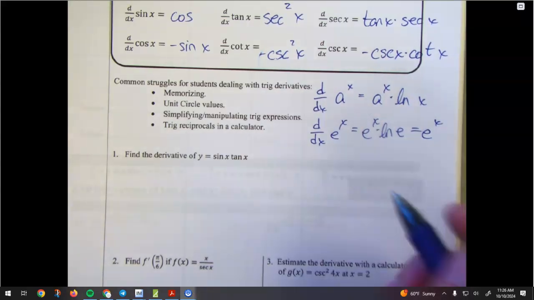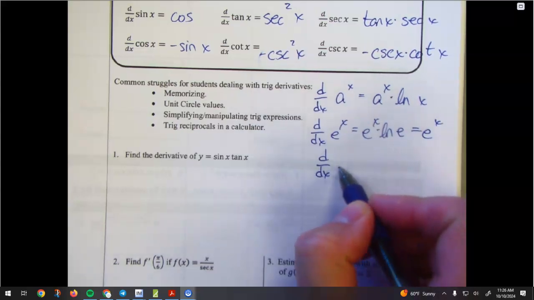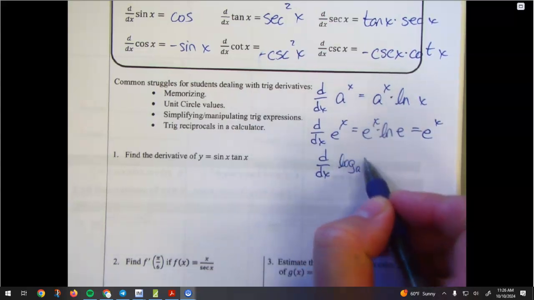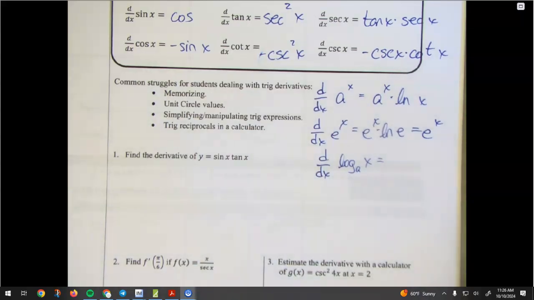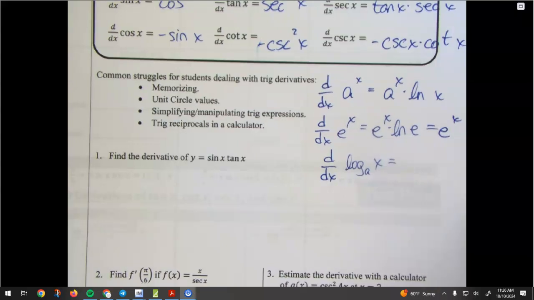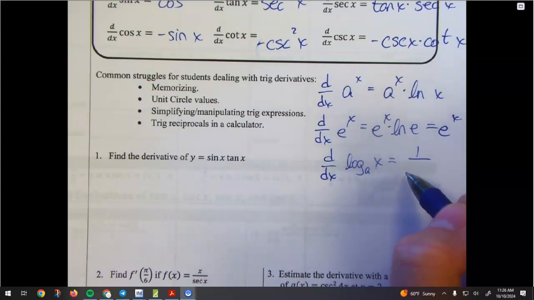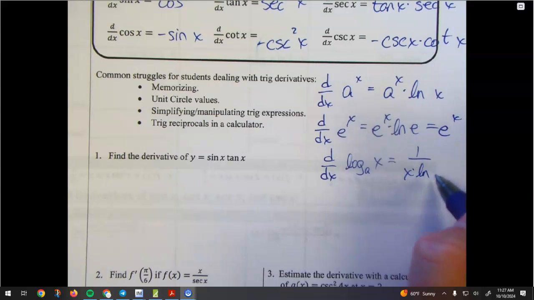And then we also had the derivative of log base a of x. So that derivative is 1 over x times the natural log of a.